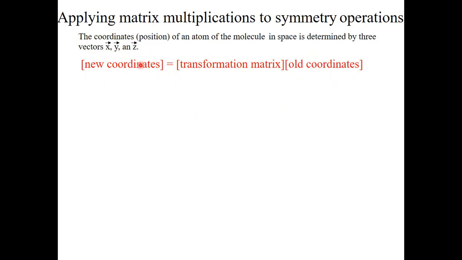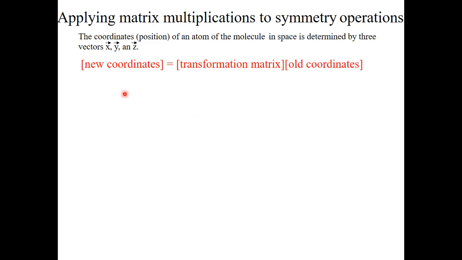Okay, so therefore, any matrix that, when multiplied with the matrix that represents all coordinates, gives us correctly the new coordinates of our object, would be a mathematical description of our symmetry operation. We would call it the transformation matrix associated with our symmetry operation.